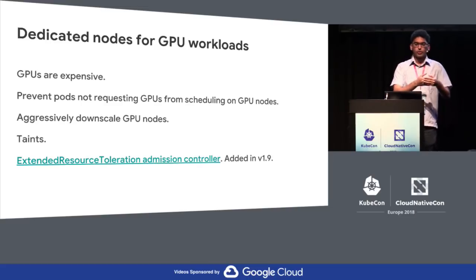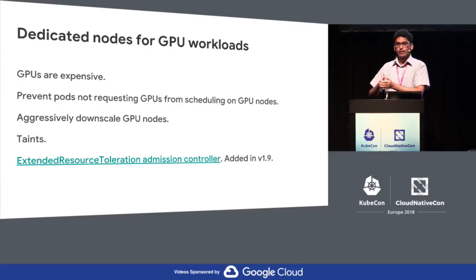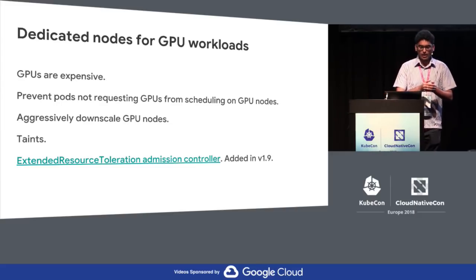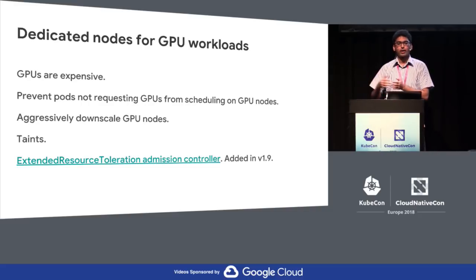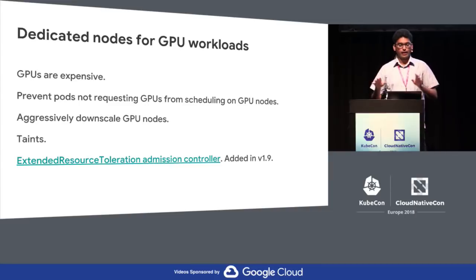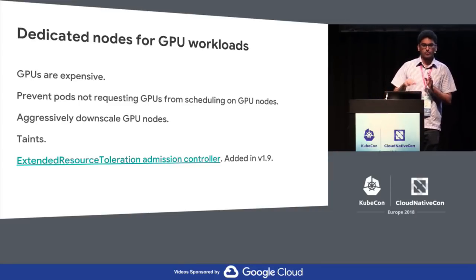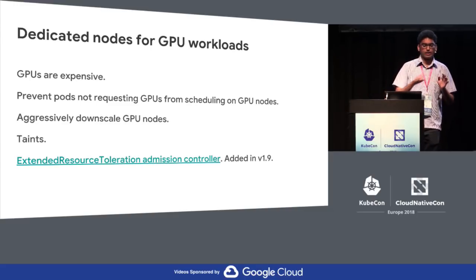And so what you do is you add the taint suggested by this admission controller to your nodes. This admission controller will automatically add tolerations for that taint in pods that are requesting GPUs. And so those pods will get automatically scheduled. Right? So your users would not have to worry about needing to add tolerations to their pod spec. That will happen automatically for them. So the pod specs will remain the same, they will not know that there is a dedicated GPU node pool or something. They'll just submit the GPU workloads. Only the workloads which request GPUs will schedule on those nodes, and nothing else will schedule on those nodes.